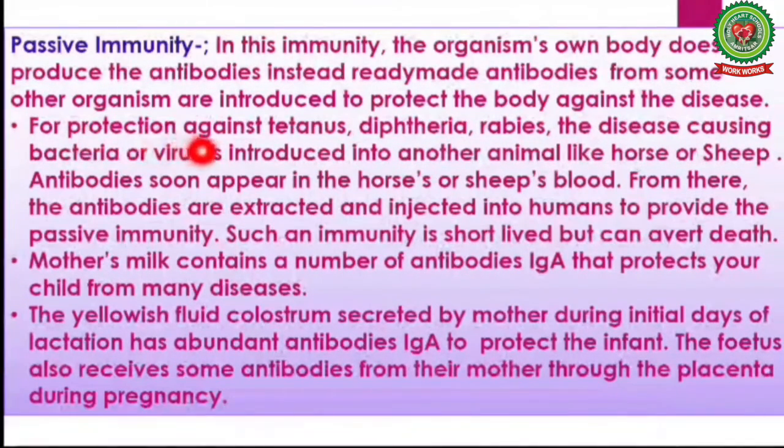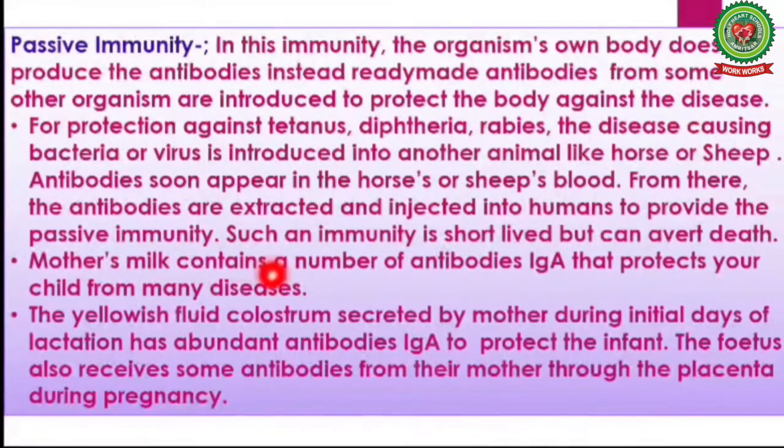For protection against tetanus, diphtheria, rabies, the disease-causing bacteria or virus is introduced into another animal like a horse or sheep. Antibodies soon appear in the horse or sheep's blood. From there, the antibodies are extracted and injected into humans to provide the passive immunity. Such an immunity is short-lived but can avert death.